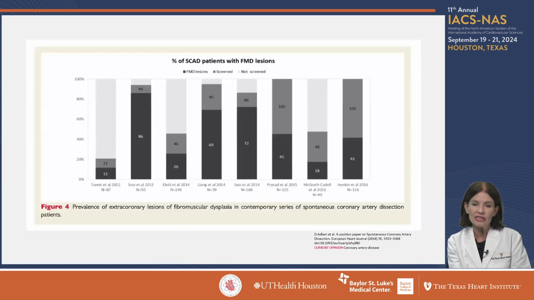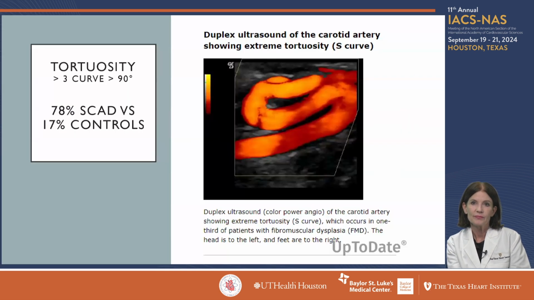You can also see across different registries how common FMD is in women with SCAD. So it's variable, and it's variable by which group has scanned these women, but certainly we're very interested in scanning any SCAD patient for FMD with head to pelvis scans, mostly by CTA.